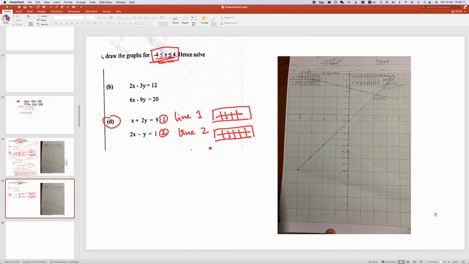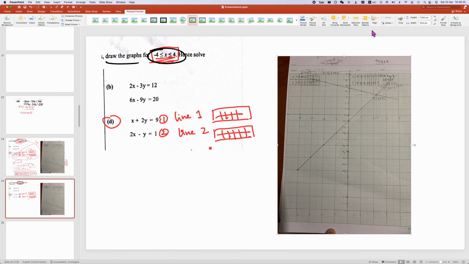So if you need to, okay, can you see? Can you see or not? So if you need to draw the graph, given this range, what you need to do, let me zoom into this graph. So you can go back and watch this particular section of the video.